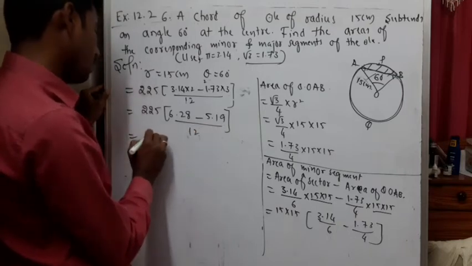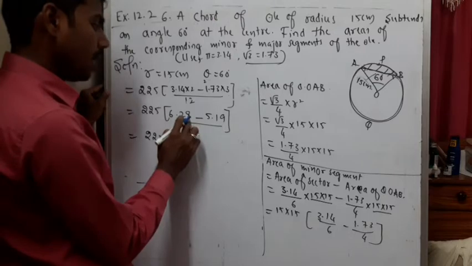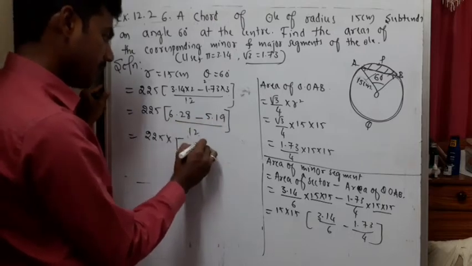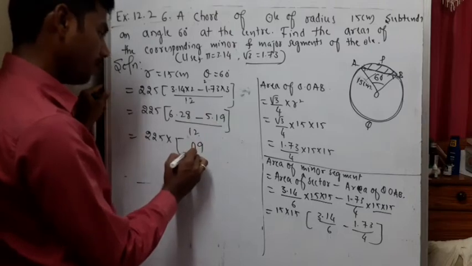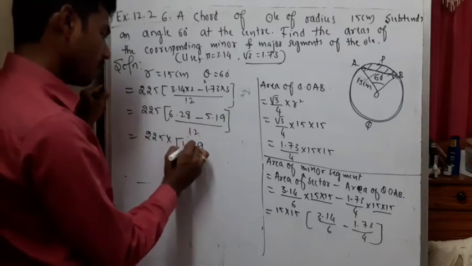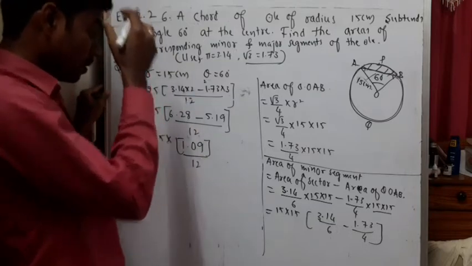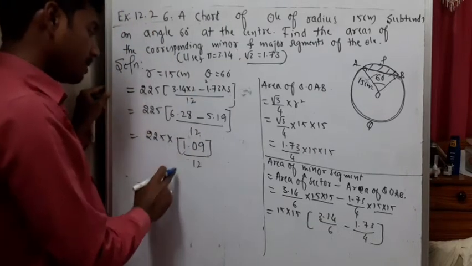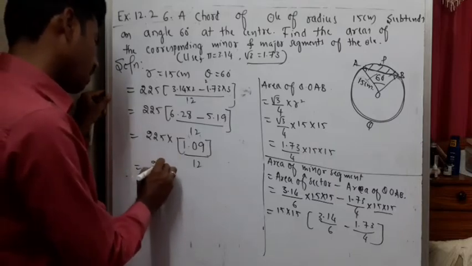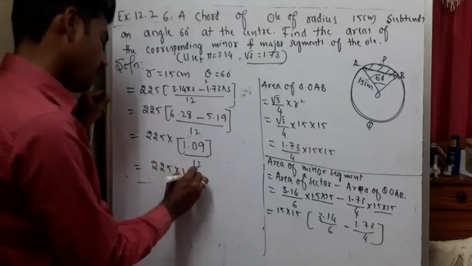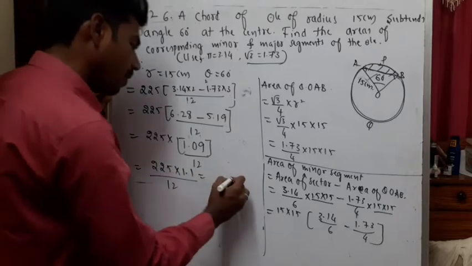So this is equal to 225 into, 18 minus 9 is 9, 1 minus 1 is 0, 6 minus 5 is 1, 1.09 divided by 12. So 1.09 is nearly equal to 1.1.